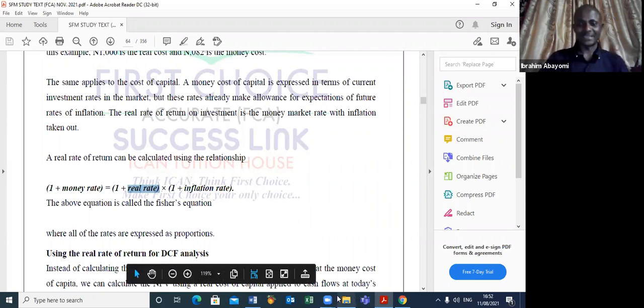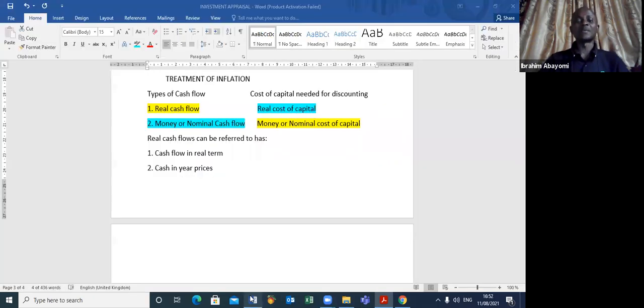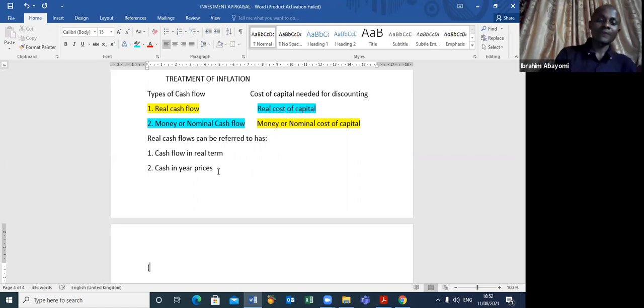Now, how do we apply this? Let me go back to our working paper. I'll give you 1 plus M is equal to (1 plus R) times (1 plus I).